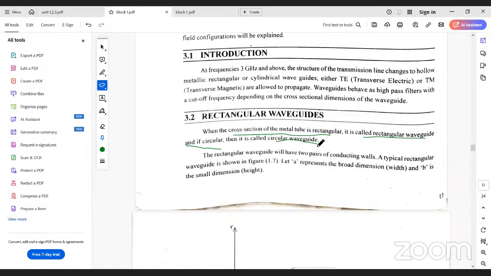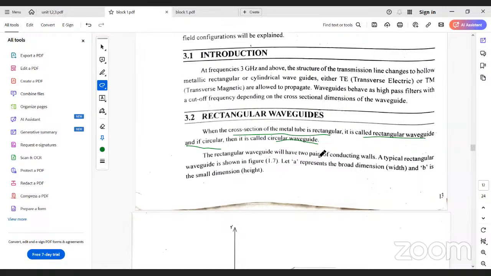Which topic are we considering here? Rectangular. So the cross-sectional area is rectangular, and we are taking this as a rectangular waveguide.